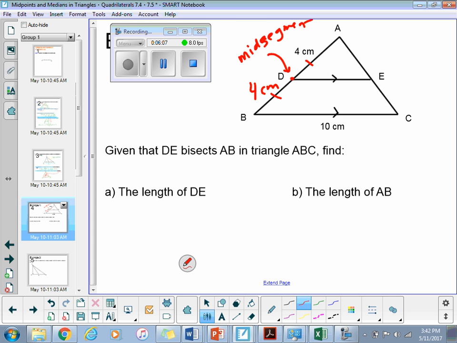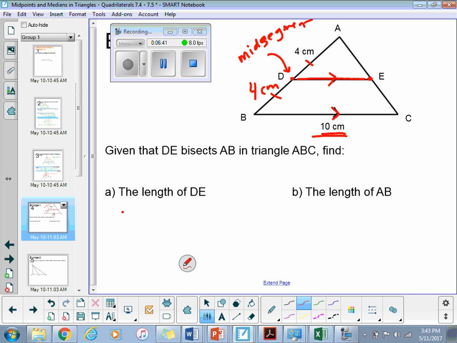So for part A, the length of DE, which would be this line here, remember is going to be half of the 10, according to the mid-segment rule that we talked about earlier, right? Because you have this midpoint connecting this midpoint, therefore these two lines are parallel, that's going to be half of that third line that we talked about.